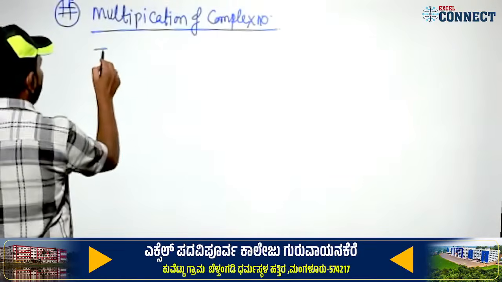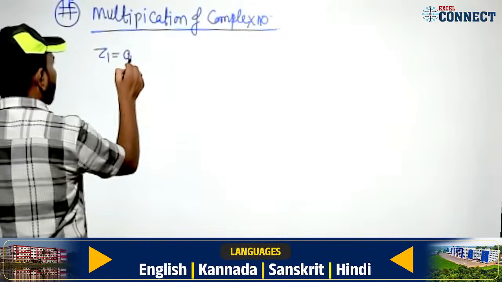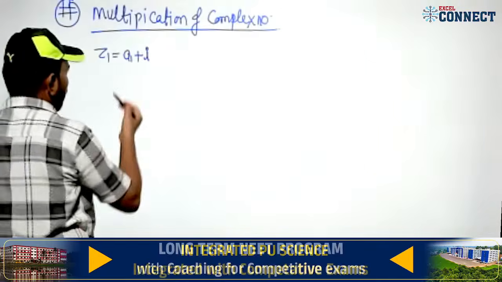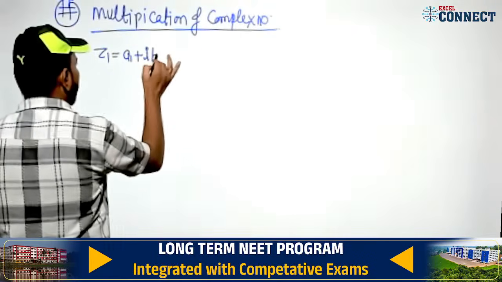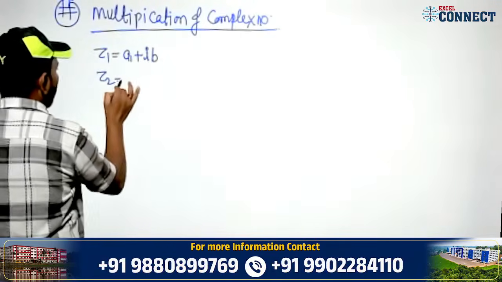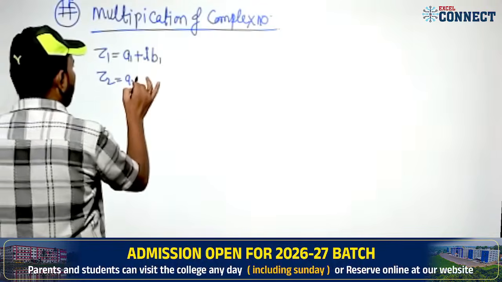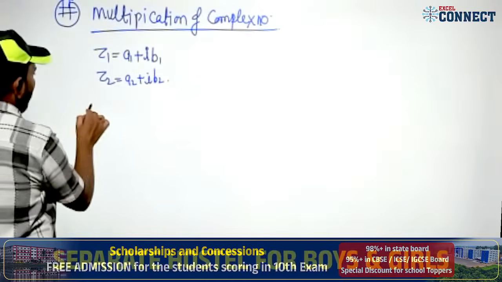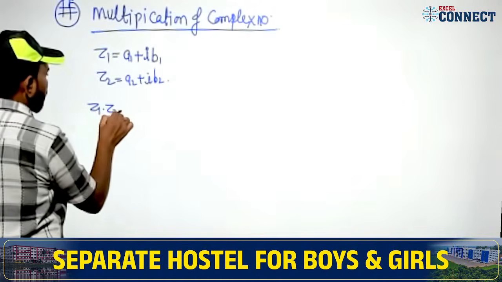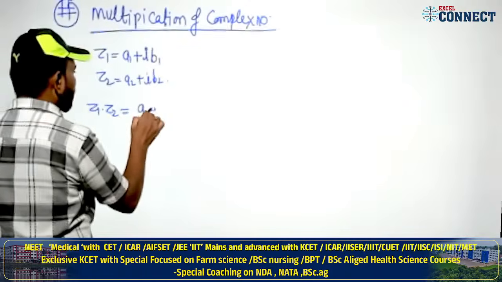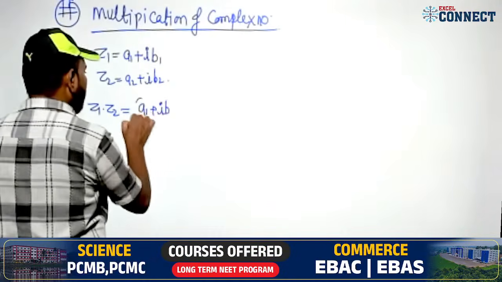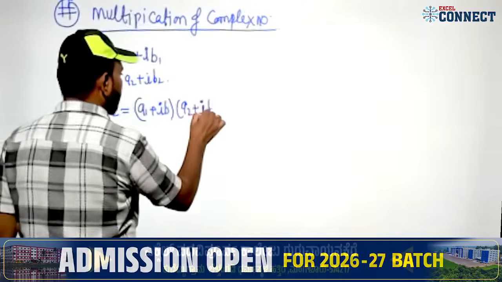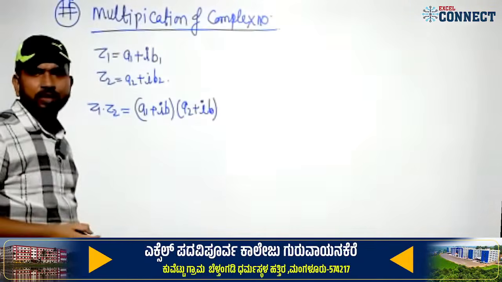If I say z1 is equal to a1 plus iota b1, or don't write it this way, no issue, iota into b1. If I say z2 is equal to a2 plus iota into b2. So actually I need to find z1 into z2, z1 into z2, then a1 plus iota b1, this into a2 plus iota b2. So you need to multiply basically.